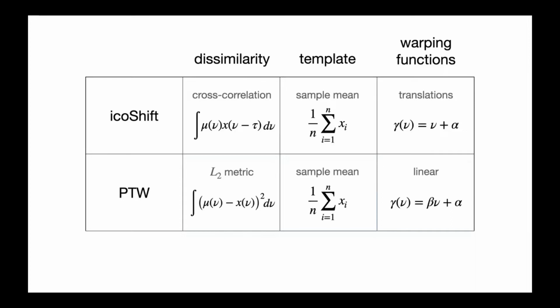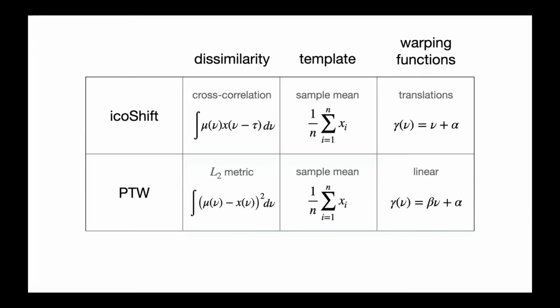Now, what's also interesting about these two methods is that they constrain the warping functions to be of a particular class. So IcoShift constrains the warping functions to be translations, and PTW constrains them to be linear functions of frequency. And perhaps that's why they don't work as well: maybe the phase variation isn't just a simple constant shift or a linear function.